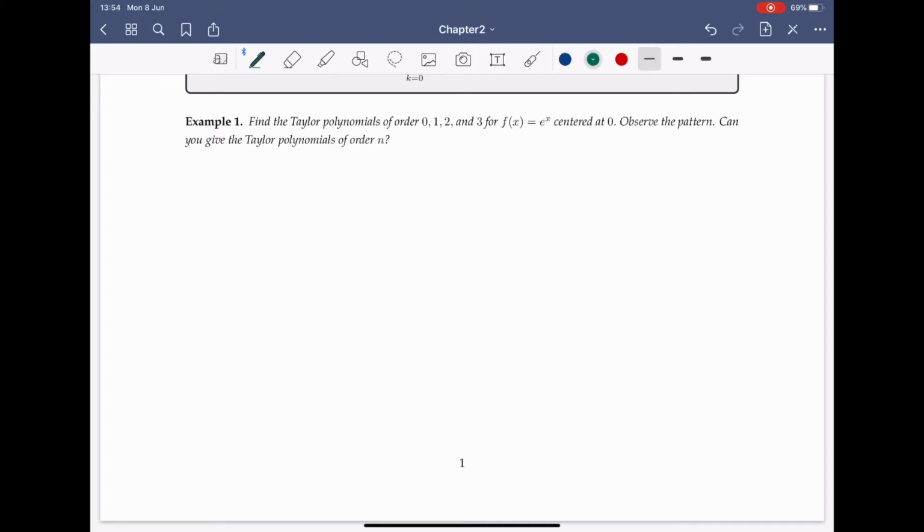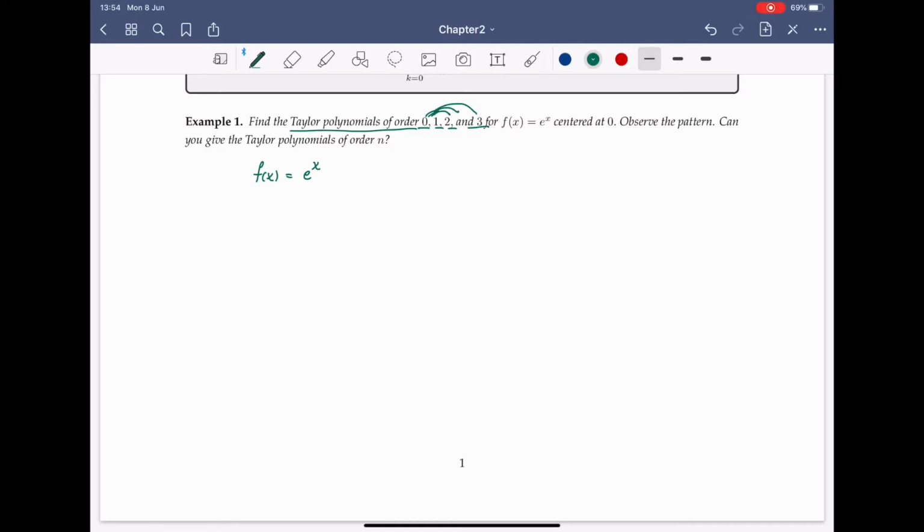Alright, we first have f(x) equal to e to the x. In order to find the Taylor polynomial of order 0, 1, 2, and 3, I have to differentiate function f up to order 3. Why is that? You will see it in a few seconds.